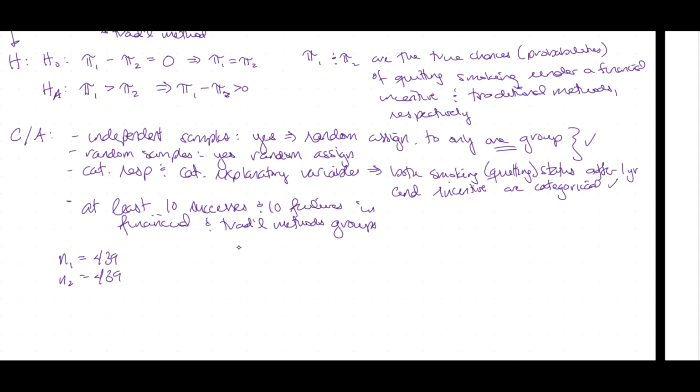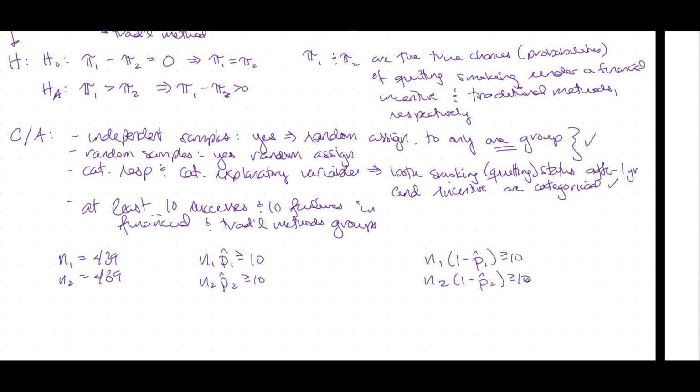From here we can check, does N1 times P1 hat is that greater than or equal to 10? And N2 times P2 hat, is that greater than or equal to 10? And we can also check N1 times 1 minus P1 hat, and N2 times 1 minus P2 hat, to see if those are greater than or equal to 10.